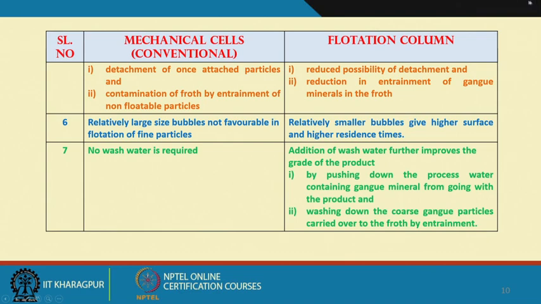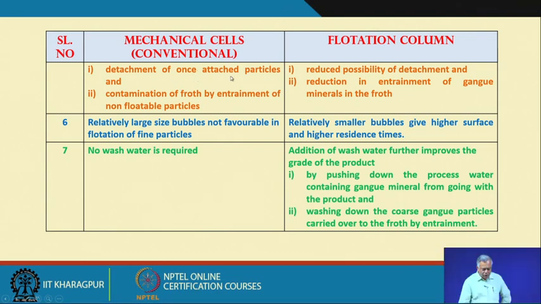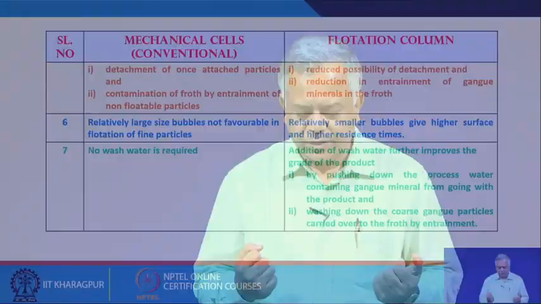In mechanical cells, the detachment of once attached particles and contamination of froth by entrainment of non-floatable particles occur, because of the way you are generating the bubbles by using your rotor. Because of high shear forces, the detachment of your attached particles also can occur.